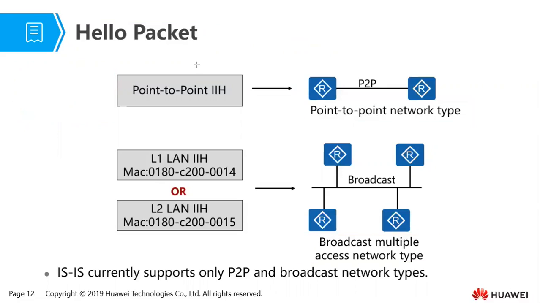OSPF defines 3 different types of hello packets for different scenarios. One of them is known as the point-to-point IIH, IS-IS hello packet.